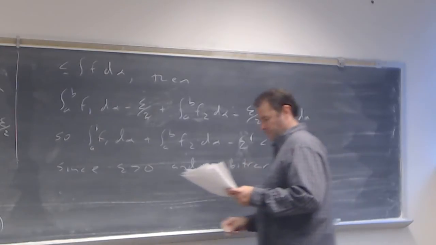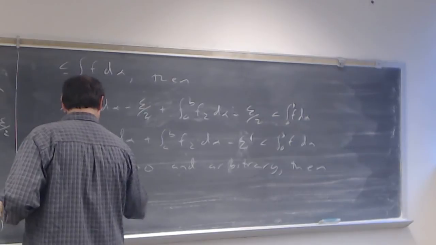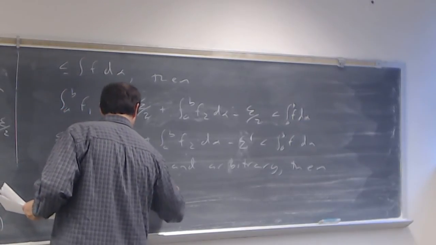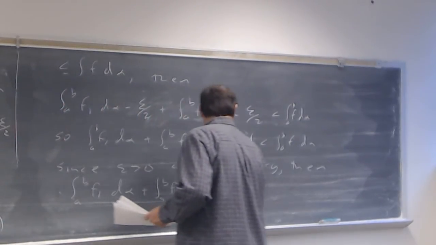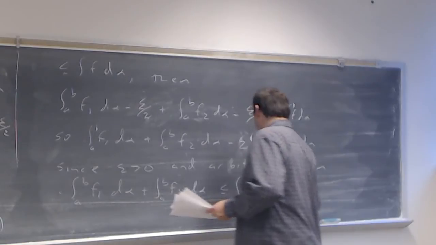then that's going to yield that the integral from a to b of f sub 1 d alpha plus the integral from a to b of f sub 2 d alpha has got to be less than or equal to the integral from a to b of f d alpha.